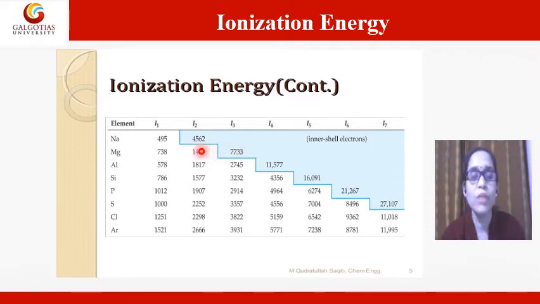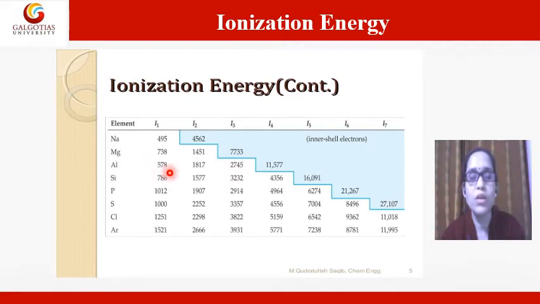That means when magnesium is converted to magnesium 2 plus, it attains the stable noble gas configuration of neon. So from the stable noble gas configuration, it requires more energy to convert it further, so the third ionization energy of magnesium is very high.